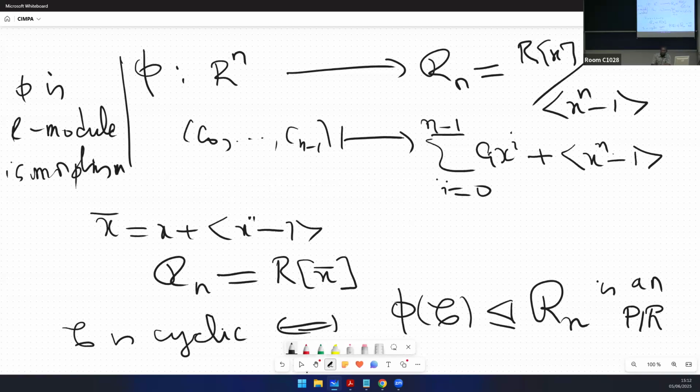This R-module isomorphism allows us to identify cyclic codes with ideals of this ring.